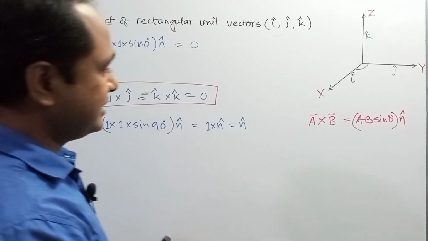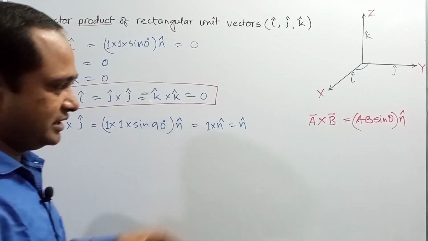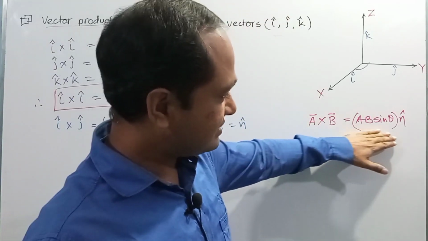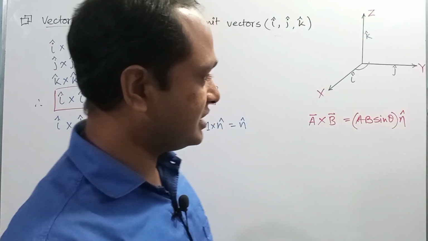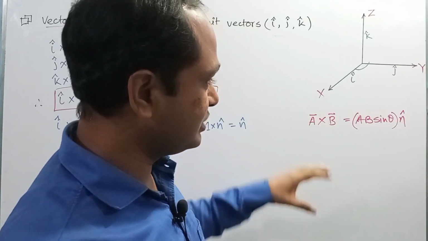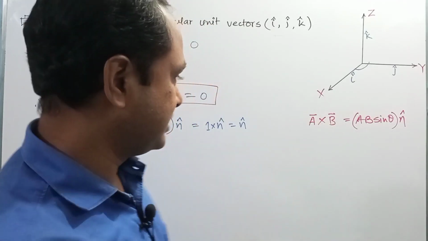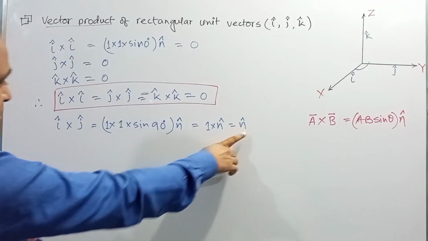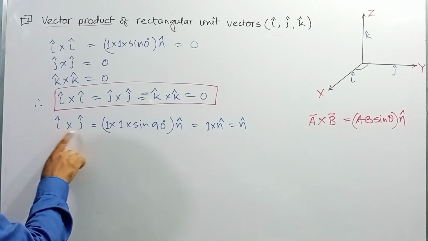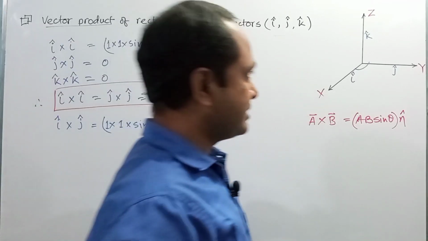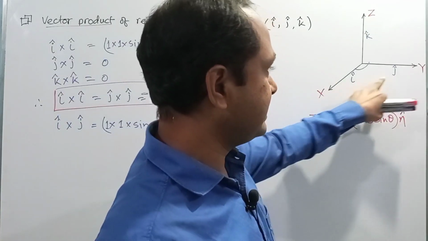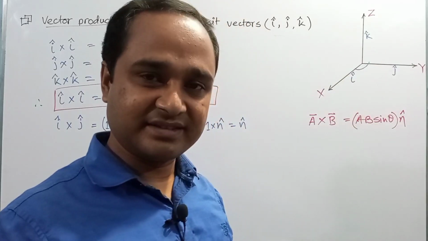So first you have to understand eta is a unit vector, its value is 1 and it has a direction. In our previous lecture you have already observed that the direction of eta indicates the direction of the product of A cross B, which is perpendicular to both A and B. Here the direction of eta is perpendicular to both i and j. So from the figure you can realize that the direction perpendicular to both i and j is the z axis.